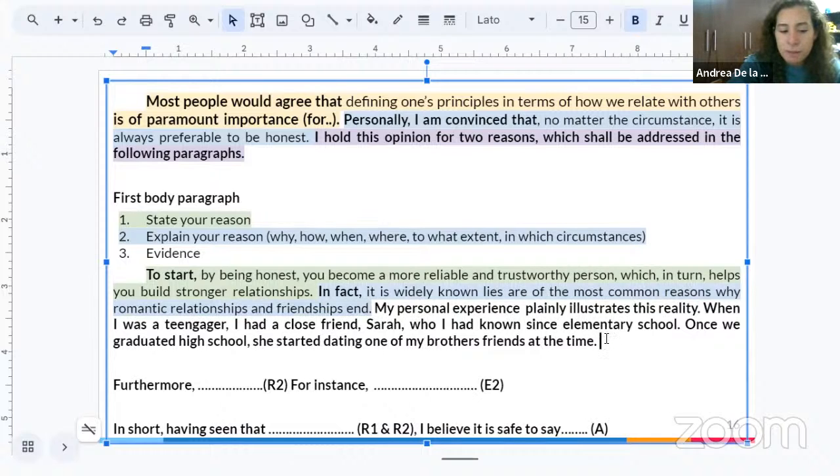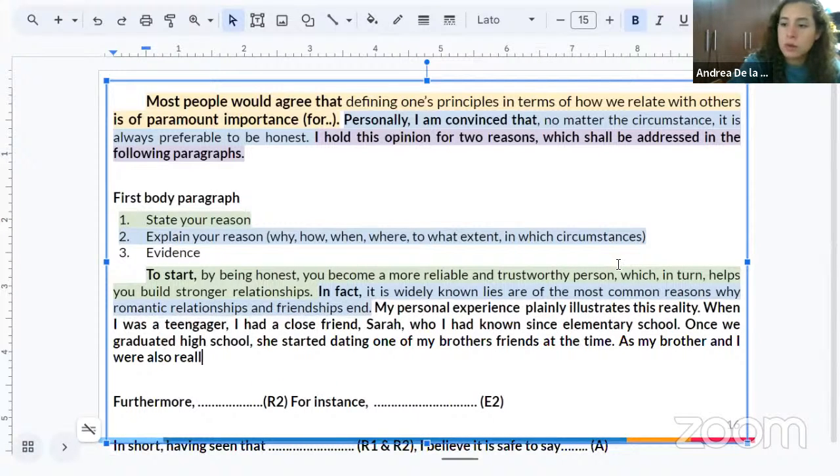Maybe we could say, I don't want to repeat once. Maybe we could say, as my brother and I were also really close, he once confessed to me that, okay, let's name these two people so that we don't get confused.